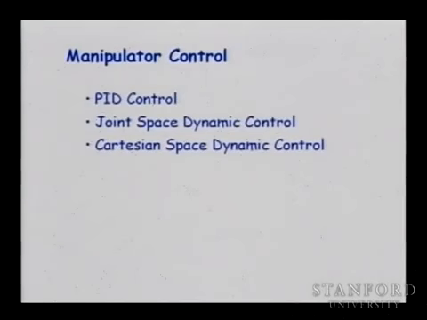In control, I'm going to assume also a little background, so we will go over just a single mass-spring system and analyze it, and then we will examine controllers such as PD controllers or PID controllers, proportional derivative or proportional integral derivative.